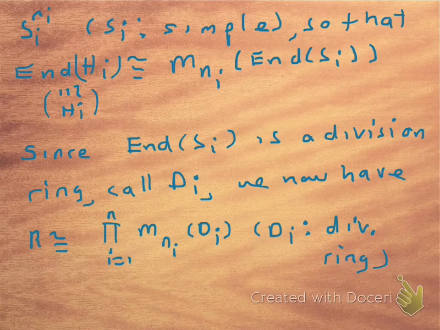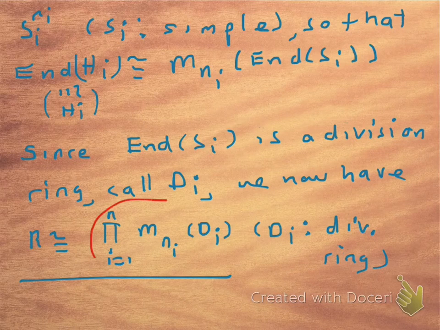But now we need to do a little more. See, this situation arose as a necessary condition of the assumption that R is a semisimple right module. Now let's prove, conversely, that any ring of this form is semisimple as a right and as a left module.